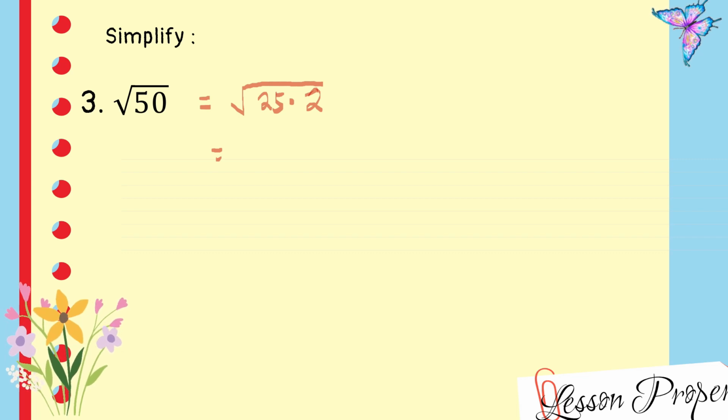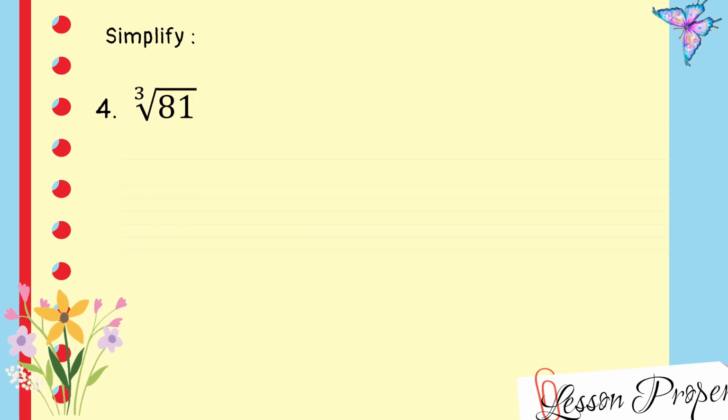By applying the product rule of radicals, we can write that as square root of 25 times square root of 2. Square root of 25 is 5, times square root of 2. So therefore, square root of 50 in simplified form is 5 square root of 2.